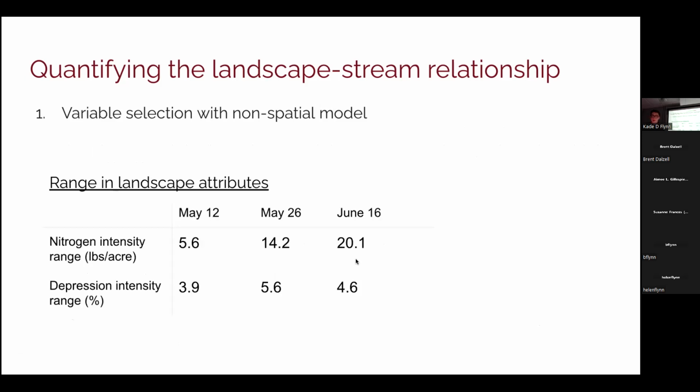One factor driving this may be that the range in nitrogen intensity on this date where we saw this unexpected negative relationship was much lower compared to these other two dates. So it's quite possible that the reason on May 12th that we see a negative relationship between nitrogen input and nitrate concentration is that we're measuring along a stream reach that really doesn't have that much variability. I'll talk about that a little bit more later.